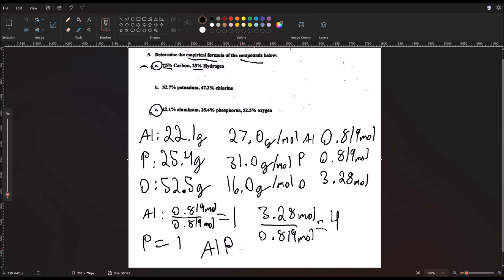It can be omitted. And then 4 parts of oxygen. So we have aluminum phosphate. Let me double check. Yes, aluminum phosphate. All right, so that's going to be your answer. Aluminum phosphate is the mysterious compound given these percentages.